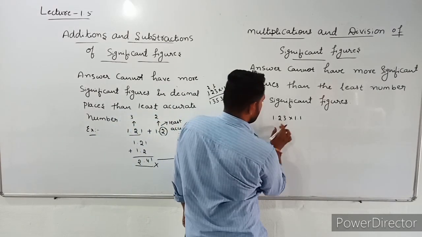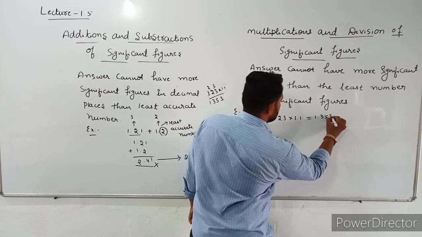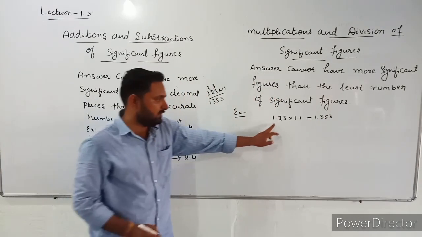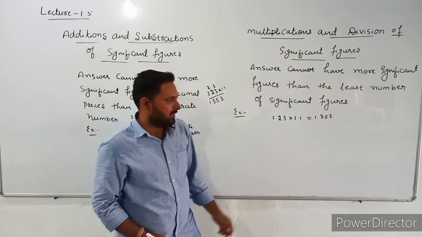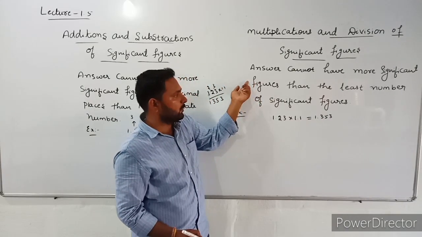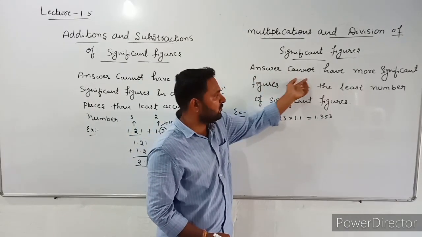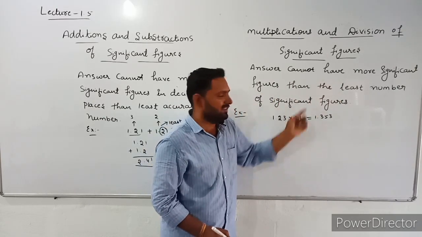So after multiplication you will get 1.353. But you should not report this number. Why? Because according to the rule, the answer cannot have more significant figures than the least number of significant figures.